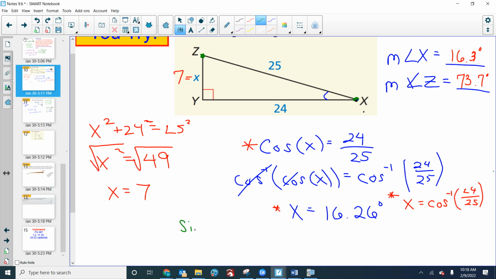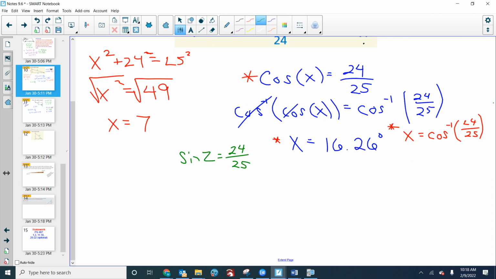So I'm going to take the sine of z equals 24 over 25. Sine inverse both sides. So the next step, if you wanted to skip that second step, would be z equals the sine inverse of 24 over 25. And then what comes out of the calculator should be 73.7 degrees.